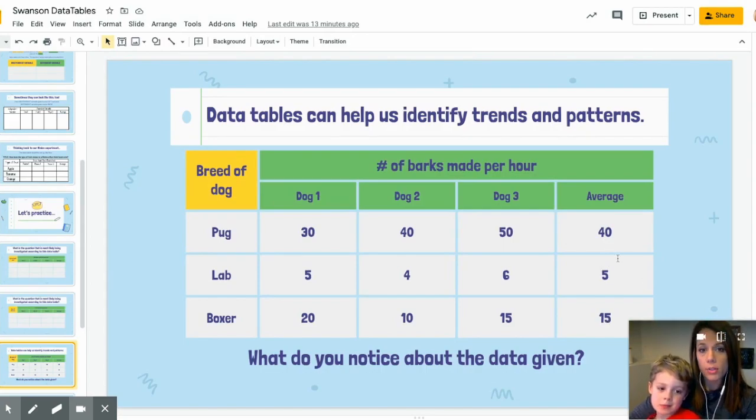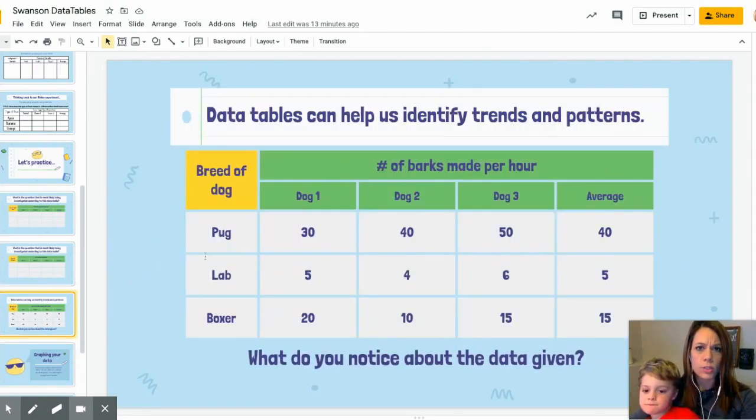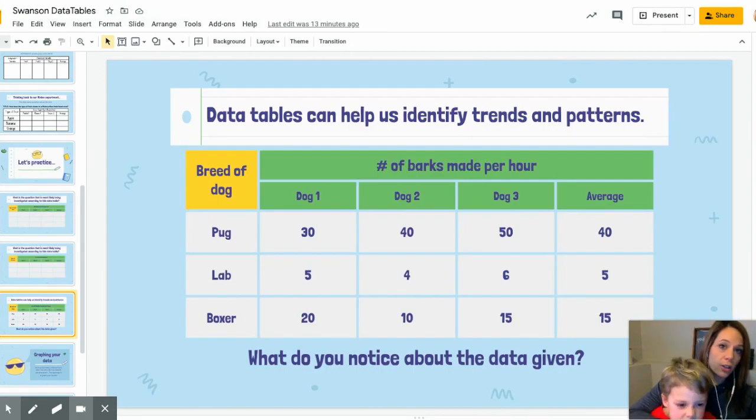So data tables help us identify trends, they help us identify patterns, just simply by looking at them and reading. Usually the next step is to graph the results. Sometimes you have a huge data table with tons and tons of data, like if we were to test 100 dogs of each breed, that would be a lot to identify trends and patterns.